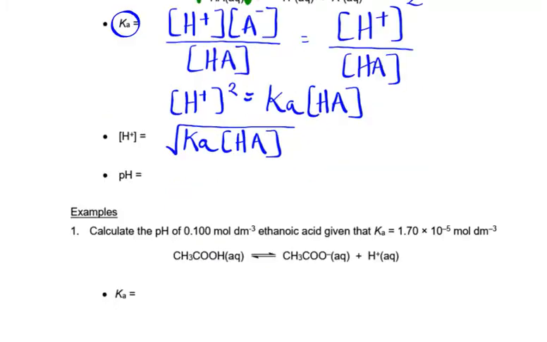And since pH is minus log of the hydrogen ion concentration, pH of a weak acid is minus log square root of Ka multiplied by concentration of the acid.